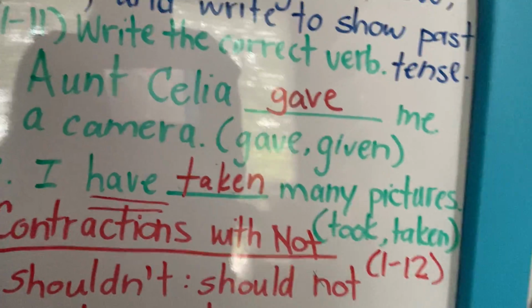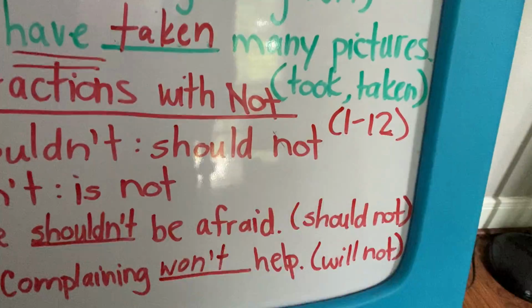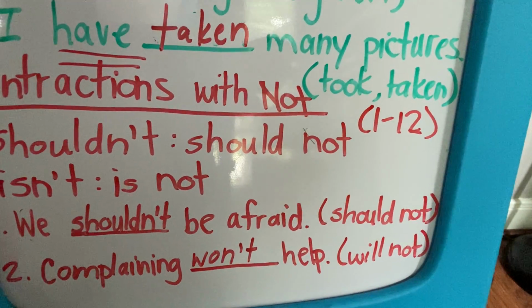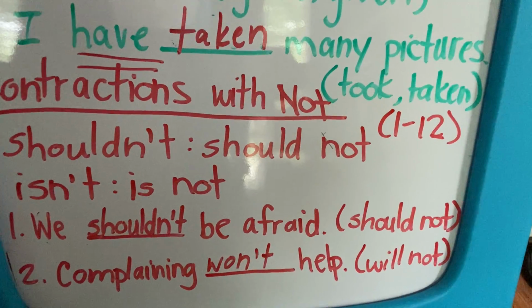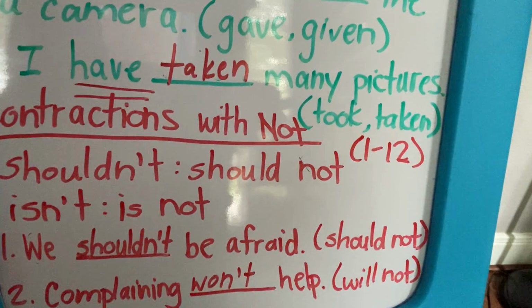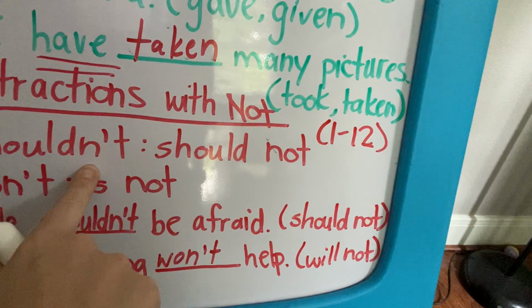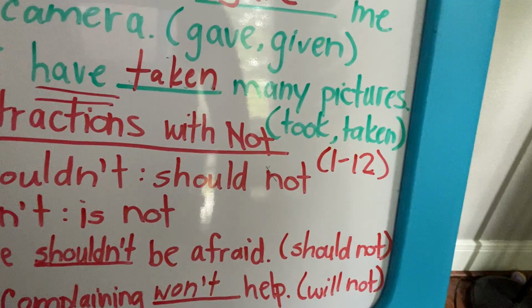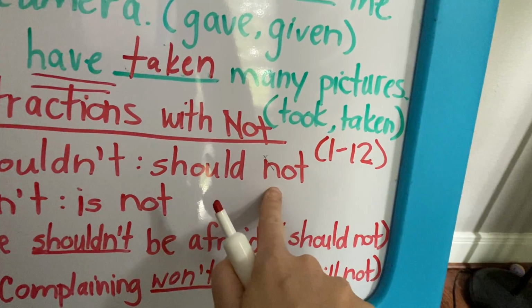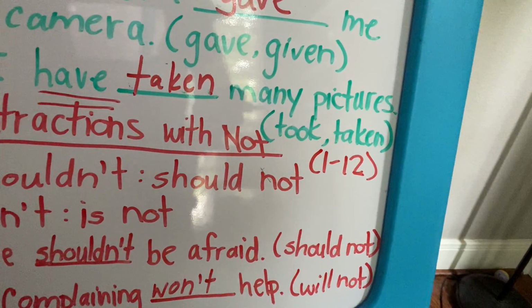On the back, we are going to do contractions with the word not, okay? And this will be for problems 1 through 12. So you have the word shouldn't. Shouldn't is formed with the two words should and not, okay?